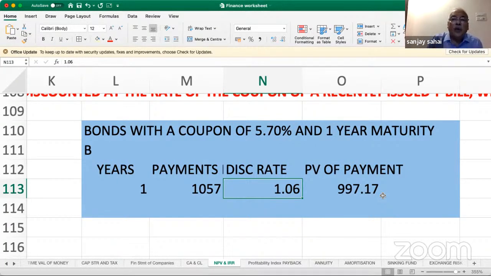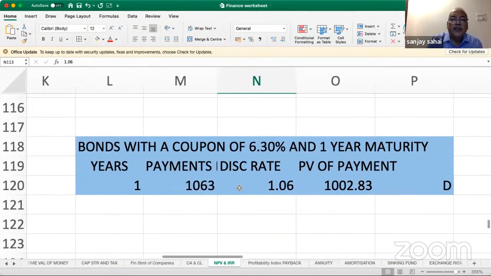If I have a bond like this bond, 6.3%, then what will happen? In this particular case, I have something which is more valuable than the present bond. Present bond has a coupon of 6%. This bond which I possess has a coupon of 6.3%.